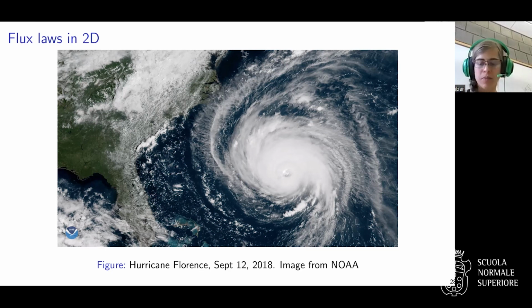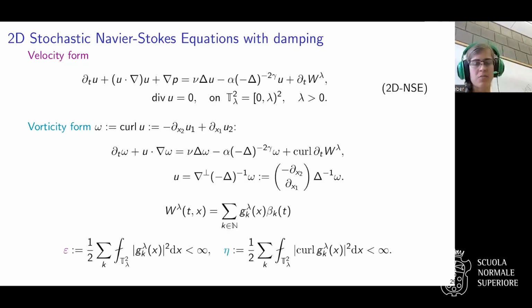So the model we look at in this case looks slightly different, still very similar. We add some damping of the low modes here. Otherwise, it's the same. We have a Brownian motion. What's also different is that instead of looking at a unit length torus, we look at a torus with side length lambda, where we send lambda to infinity in the end.